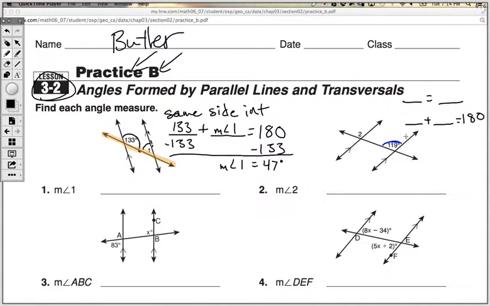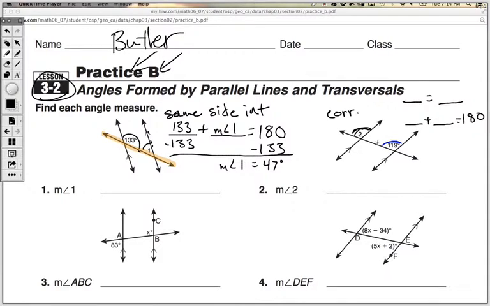In this case, we're looking at a corresponding angle, because we're looking at one from each group. If I were to cover one up, angle 2 is in the top part of that cluster, and the 119 is also in the top section. So together, they're corresponding angles.